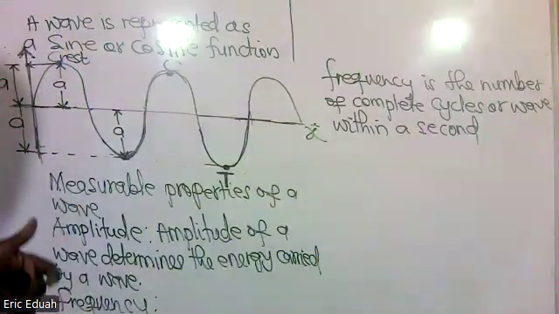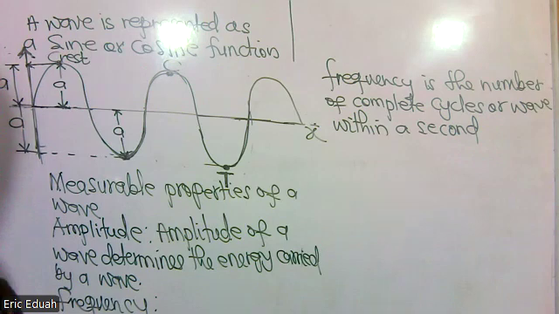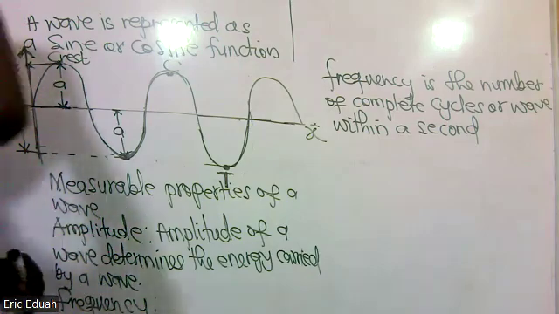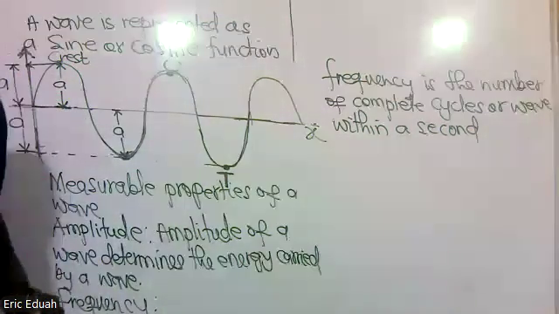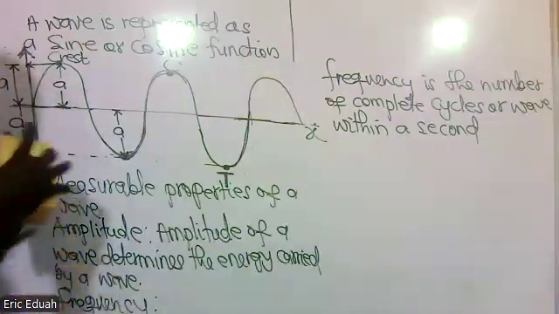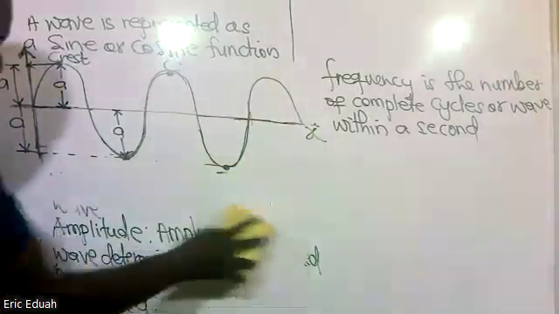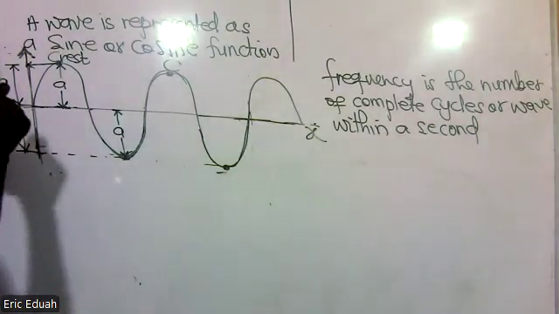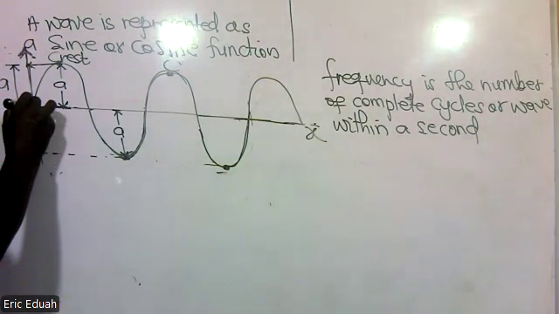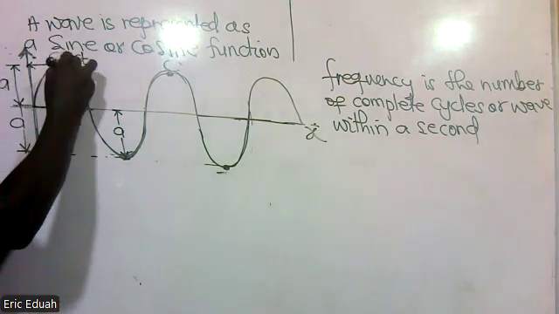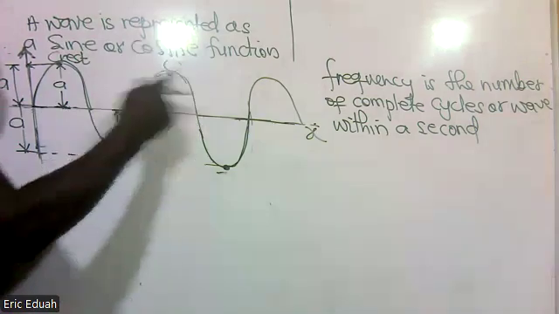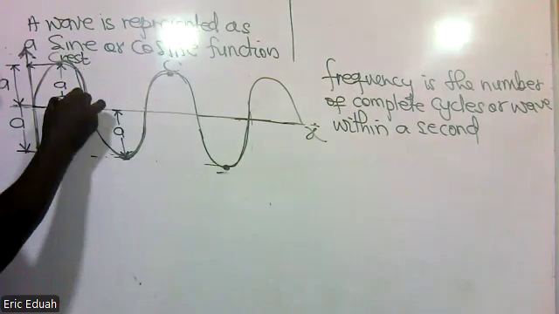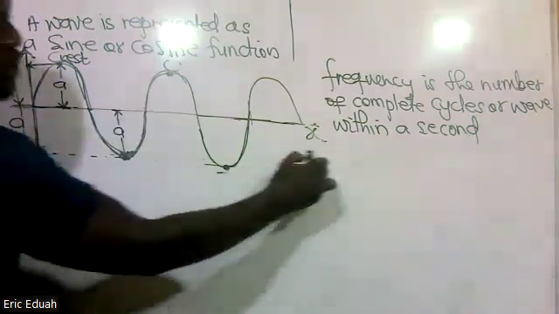Let's try to understand what we mean by a complete wave or cycle. One way of determining a complete wave is that when a wave has this upward pulse, this is an upward pulse, this is a downward pulse.